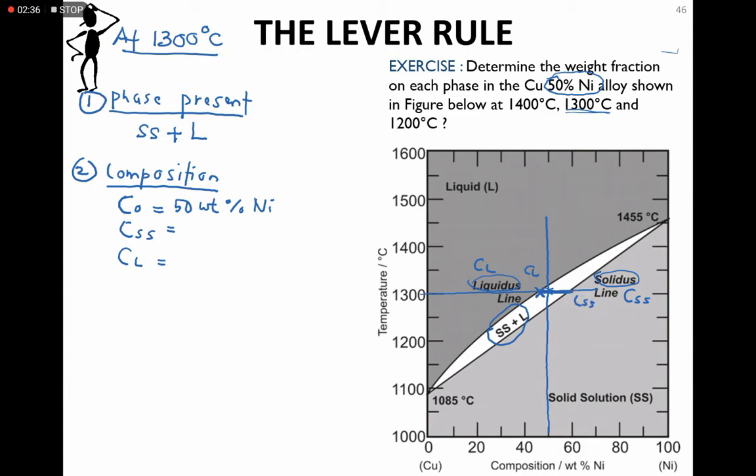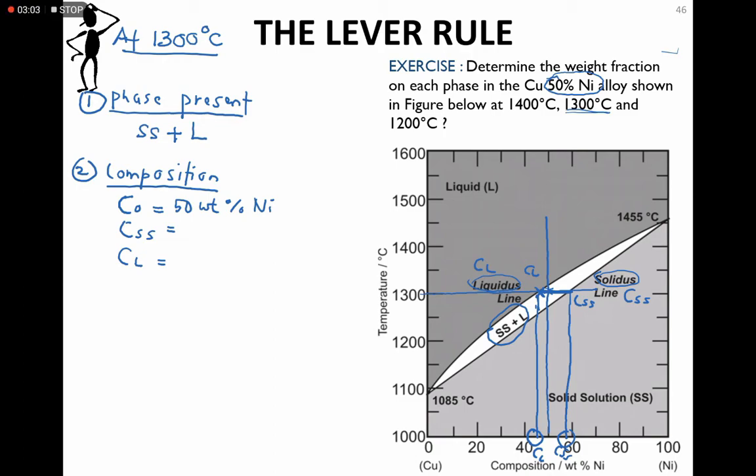How to get the value? Make a straight line downward for both CL and also CSS. You can find this value for the CL and this value for the CSS.